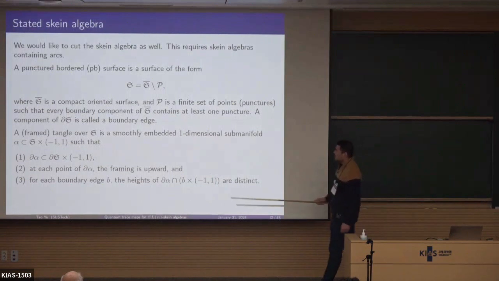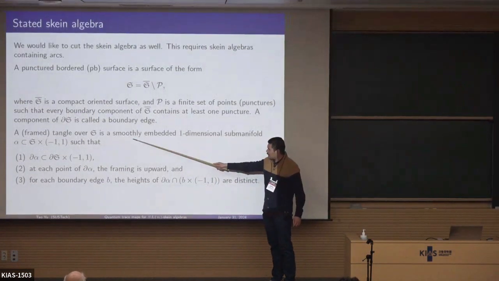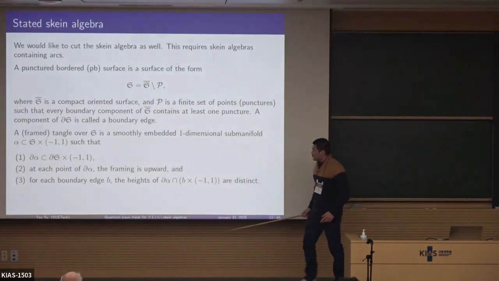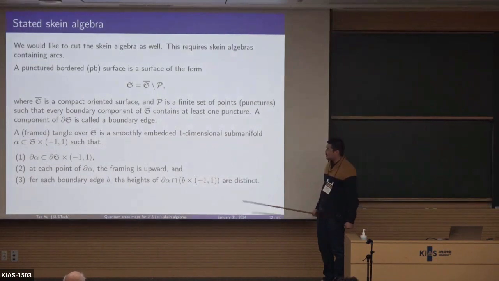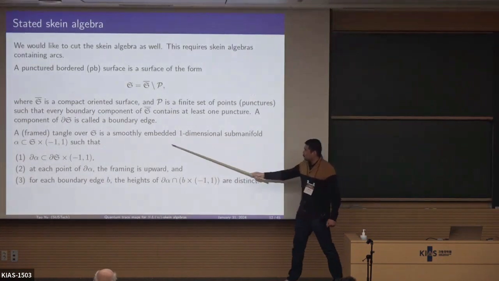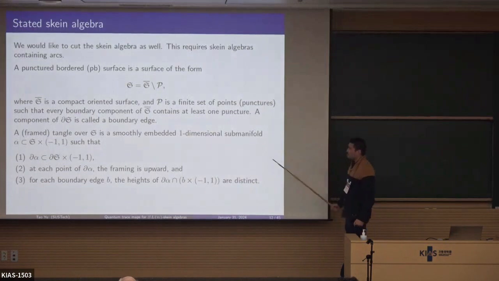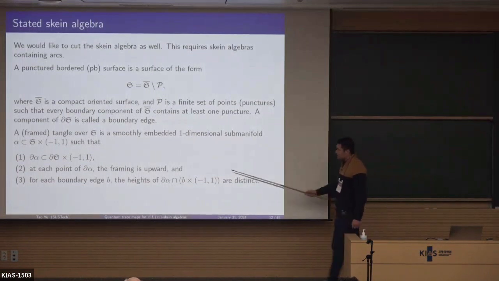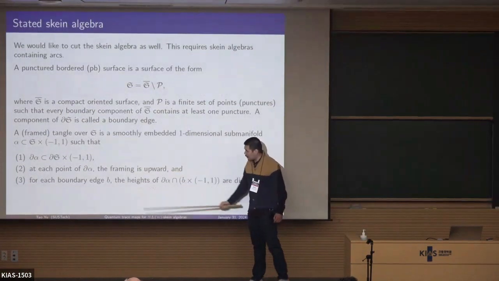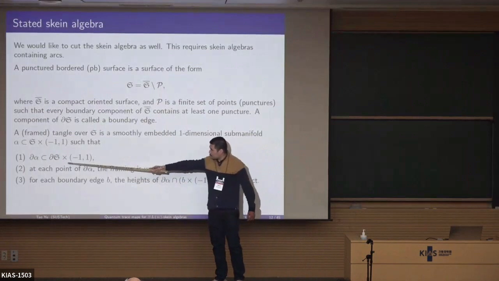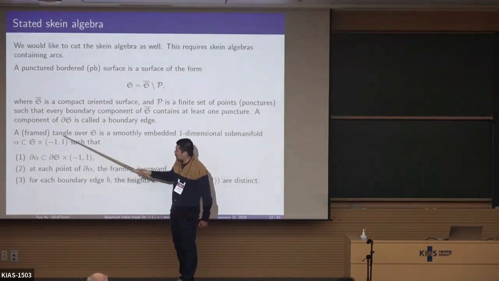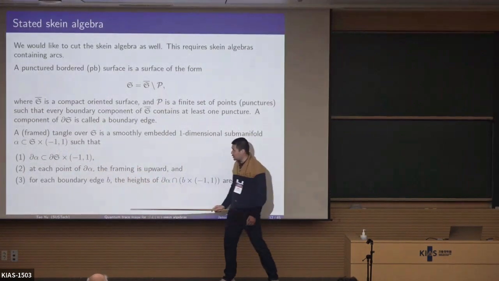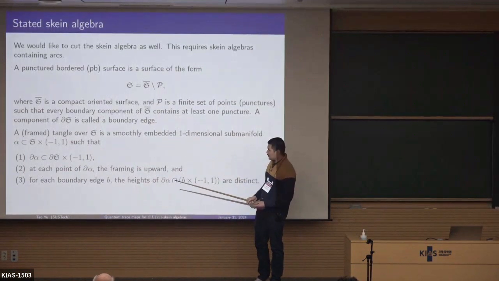And then we need to enlarge our class of curves in the surface into tangles in the surface, which would be a smoothly embedded one-dimensional submanifold. Of course, it comes with a framing as well, just like the skein algebra, but we do have some conditions on the boundary. So, of course, the boundary of the tangle has to be on the boundary of the surface, but in the thickened direction as well.